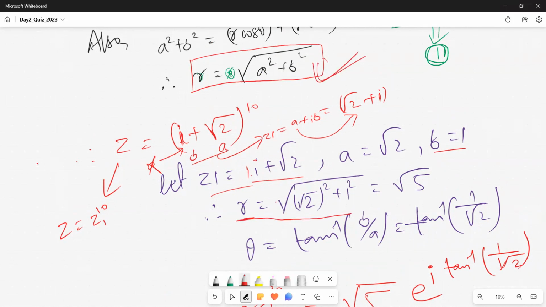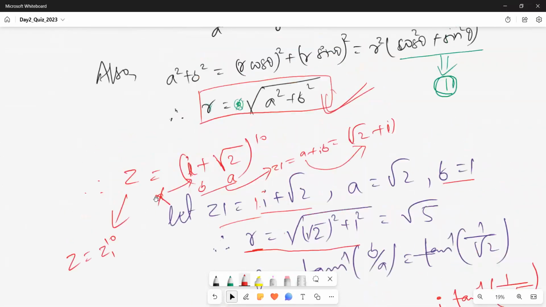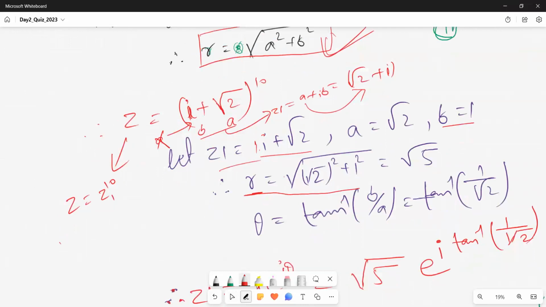So what have they asked? The absolute value of Z. Z will be in exponential or polar form. So what will be the absolute value of Z?